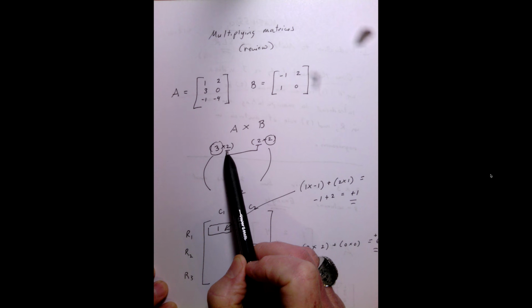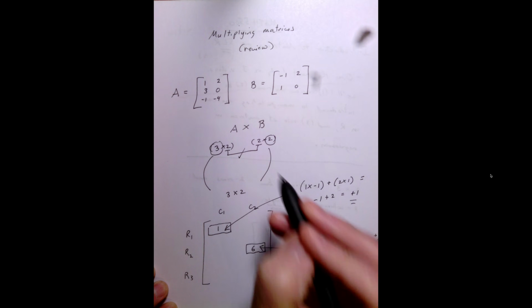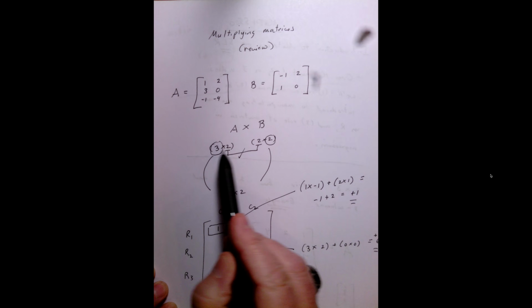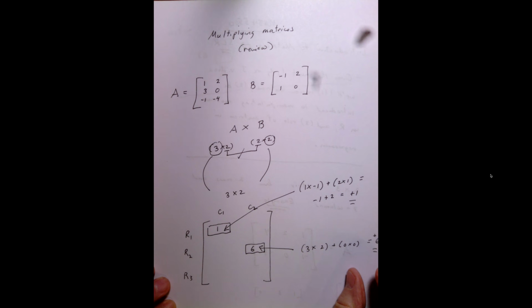If the number of columns for the first matrix is the same as the number of rows for the second matrix, then we can multiply. The product exists. The outer numbers create the size of the product matrix. All right, so I know I'm going to have a 3 by 2 matrix when I multiply these two together.